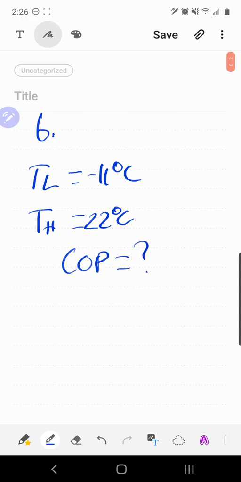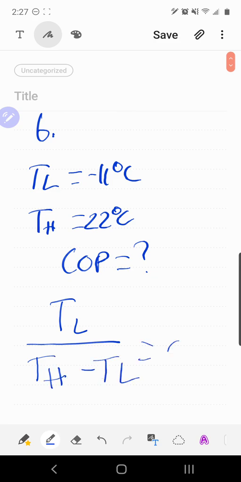Okay, so remember back to that equation that I wrote down for the previous problem. TL over TH minus TL. Do you know that this only works for a Carnot cycle refrigerator?